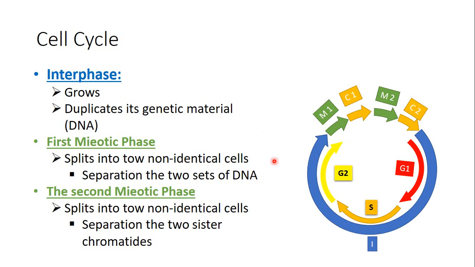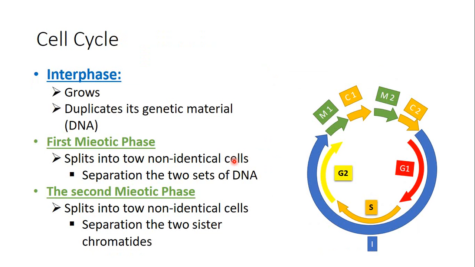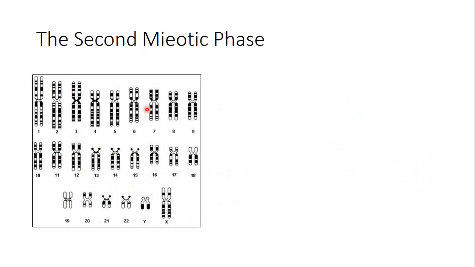In the second meiotic phase, every chromosome will be separated, so every 2 sister chromatids will be separated from each other. Let's see how it happens. This is the second meiotic phase.